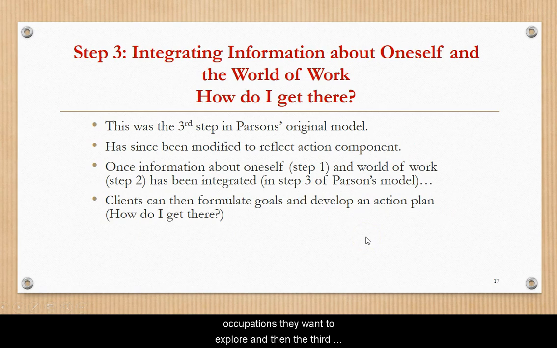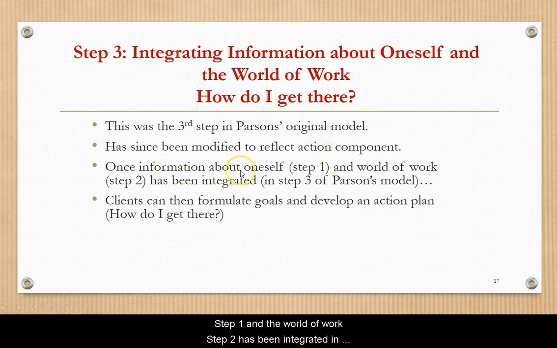And then the third step, of course, is integrating information about oneself and the world of work from Parsons' model. And this was expanded on as the years went on after Parsons issued his model to incorporate how do I get there. So we want to incorporate this action component.